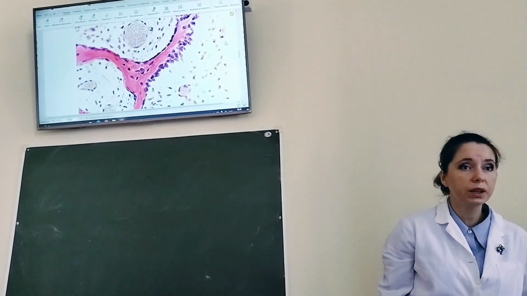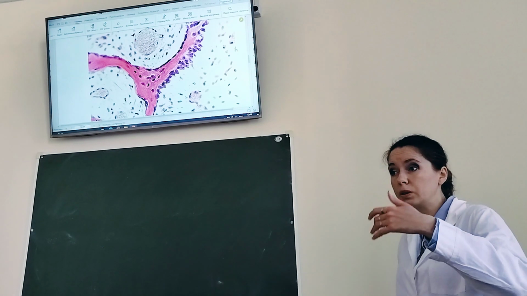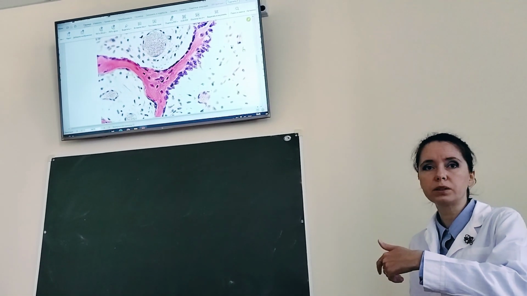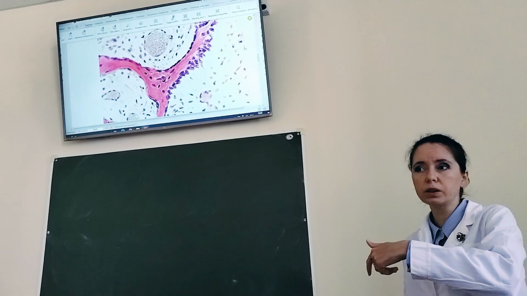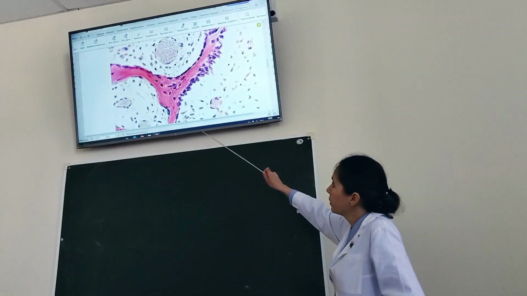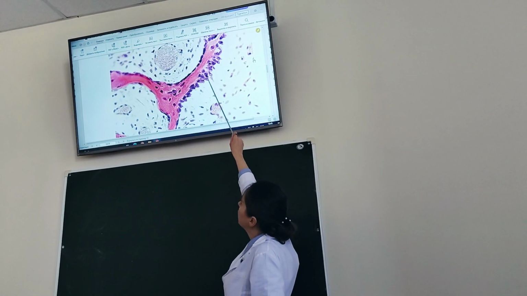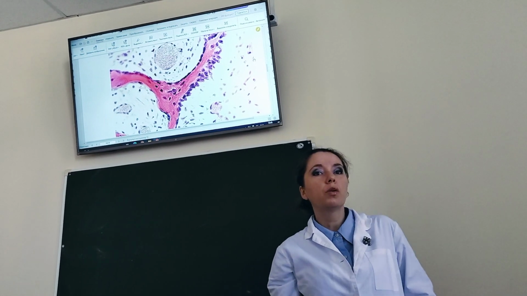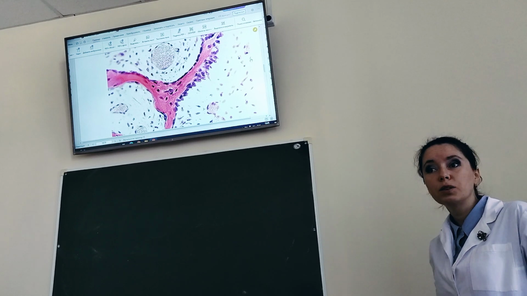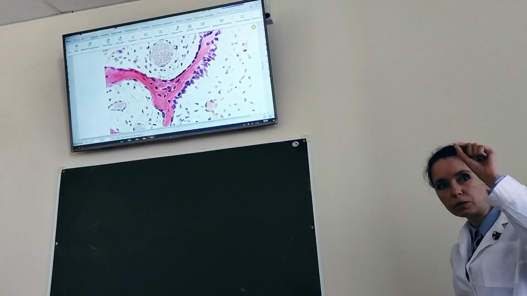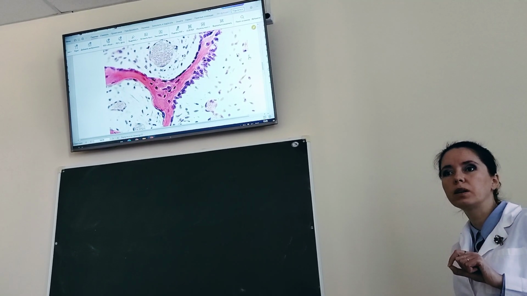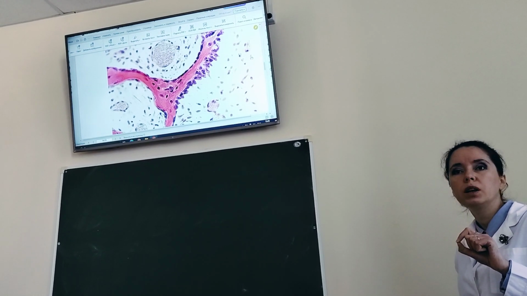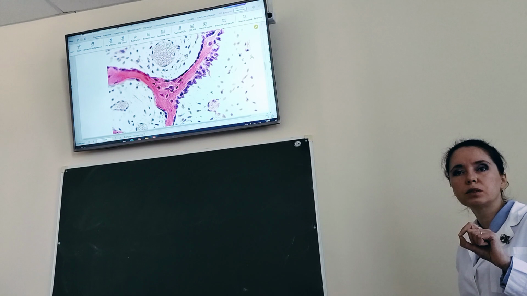And in high magnification of the same trabecula, you can complete your description. Each trabecula is covered by what? By a single cell layer of osteoblasts, bone-forming, osteoid-producing cells.